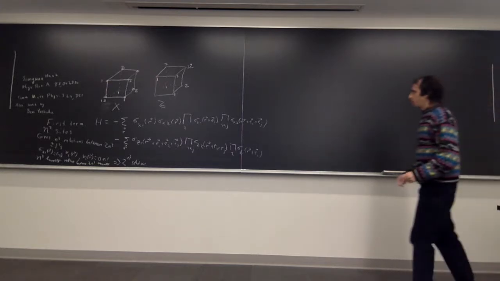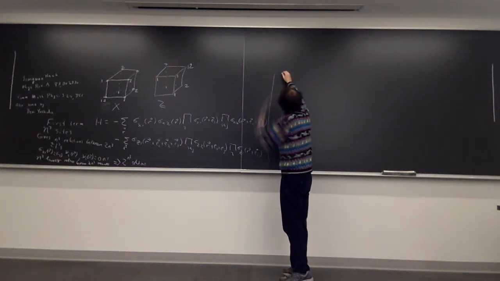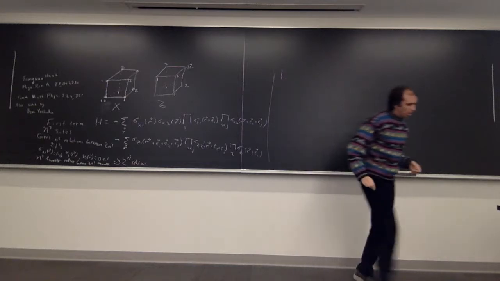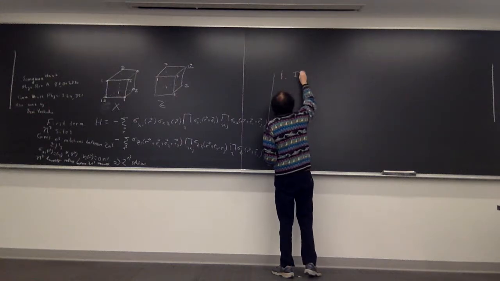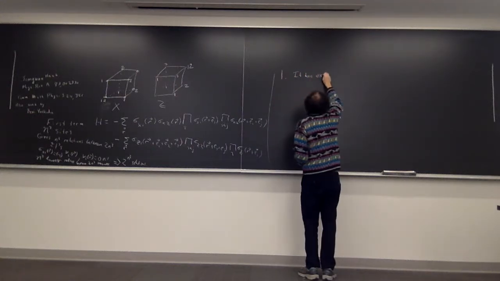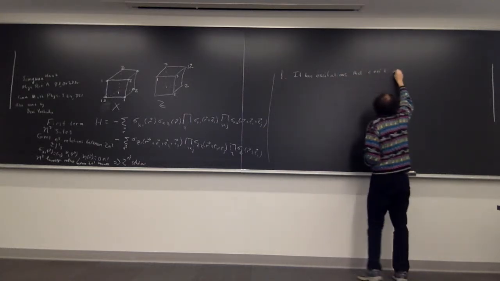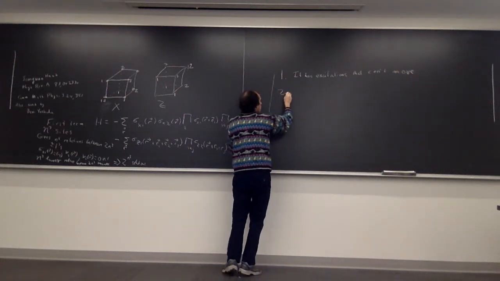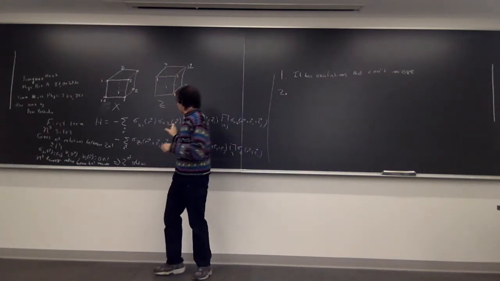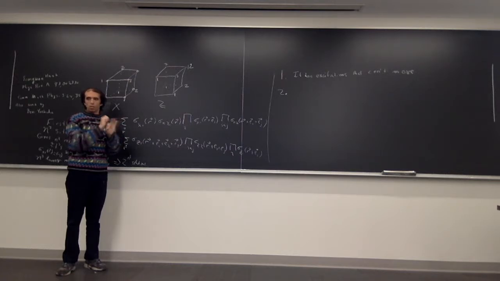Let me just say some properties of this Hamiltonian. The first property is, it has excitations that can't move. No matter what you do, because all the terms of this Hamiltonian commute with each other, any excitation you would make won't move.